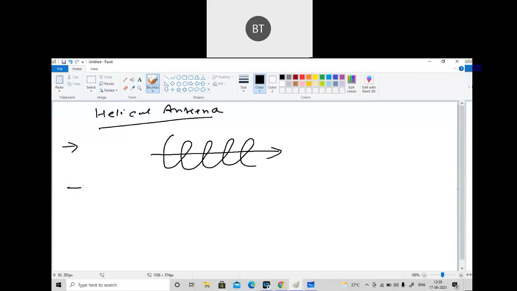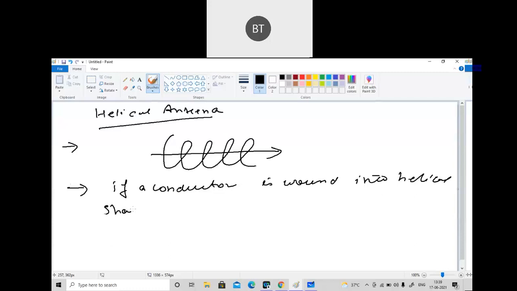So I'll write one definition here for this helical antenna, then I will show you. If a conductor is wound into a helical shape with respect to ground, so it is connected with respect to ground.